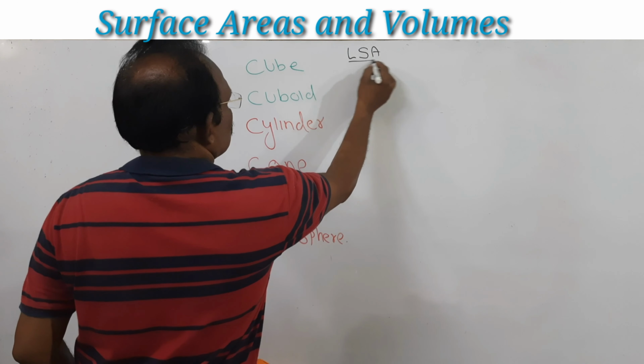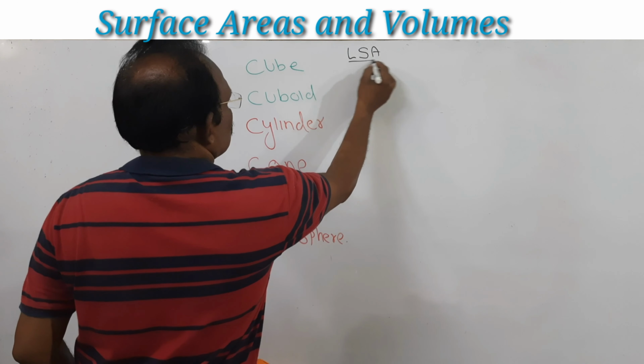Now we have one more formula, that is volume. How many dimensional figure? A 3-dimensional figure. Multiply all three: length into breadth into height. Now here you see, whenever area comes, the unit will be square.